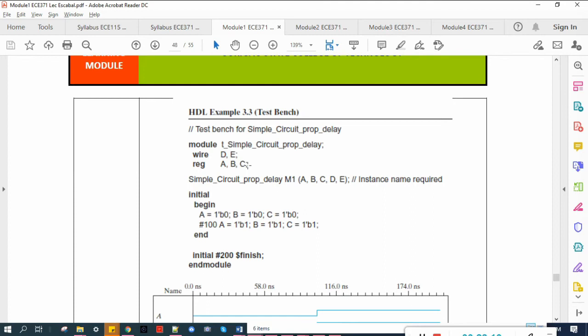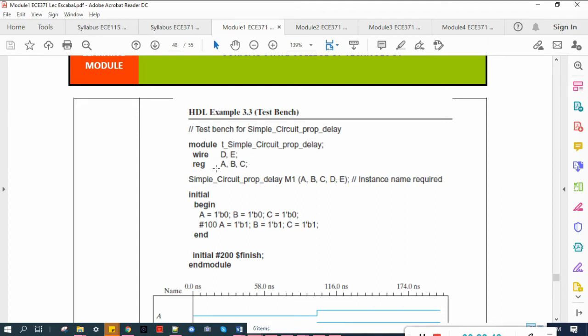In a test bench, we know that the outputs of the circuit that we are going to test are D and E, and the inputs are A, B, C. This wire D, E and register A, B, C are different from the ports list here.